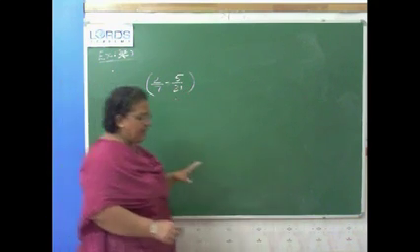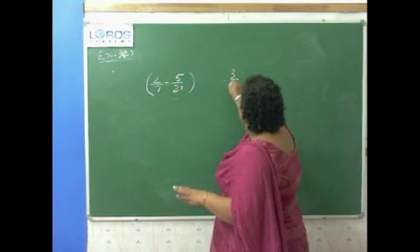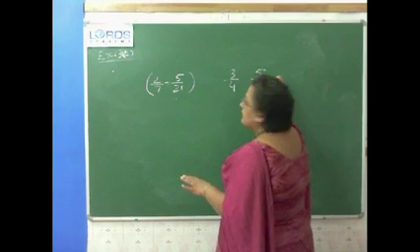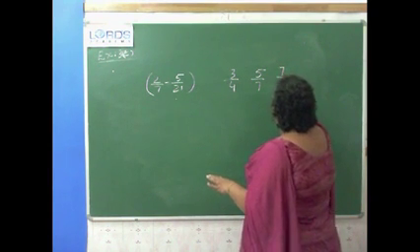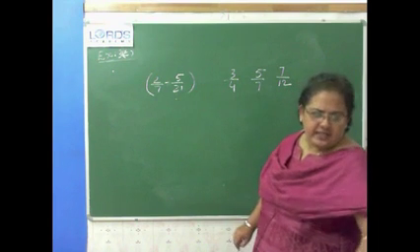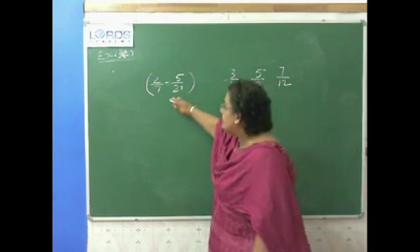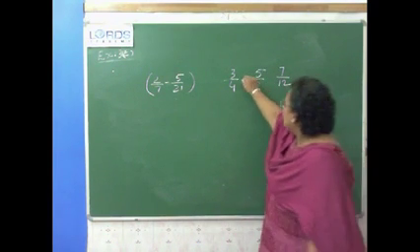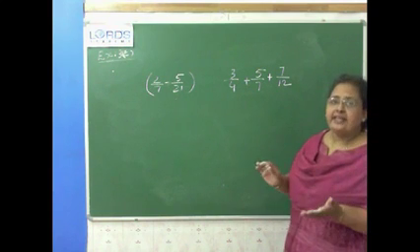The 3 fractions given here are 3 by 4, 5 by 7 and then 7 by 12. I hope this is the question in your textbook also. Okay. So, you have to subtract this from the sum of these fractions, that means you have to add all the 3 fractions. Now, how to write it?